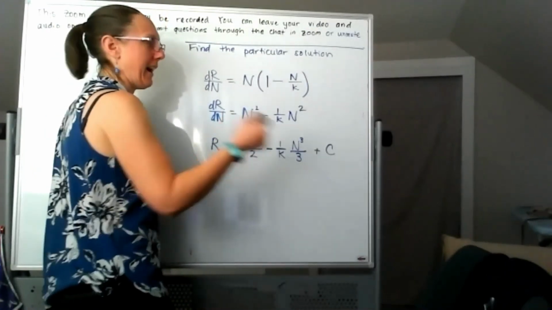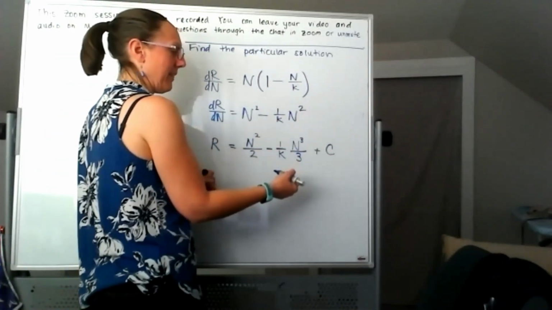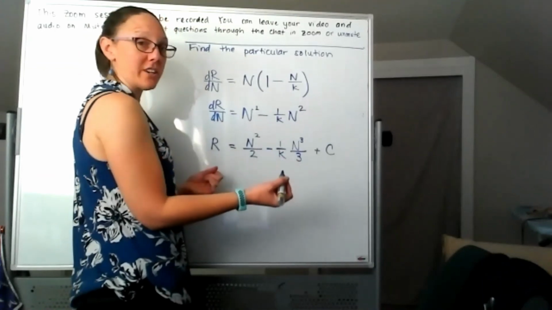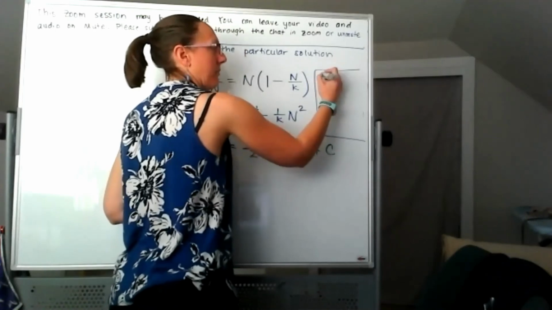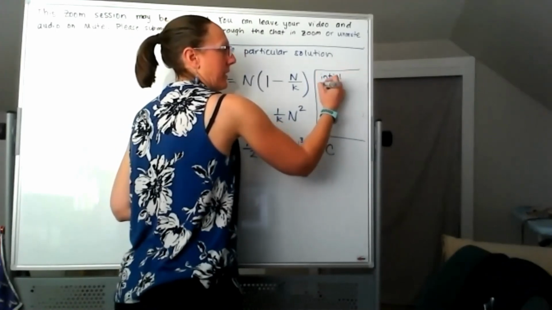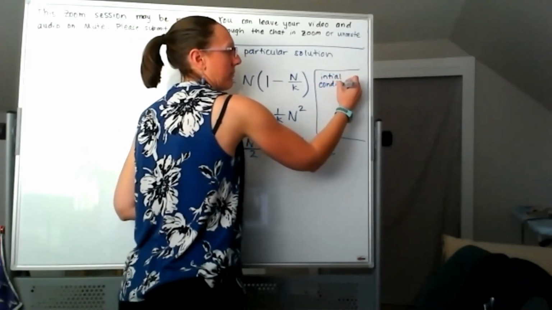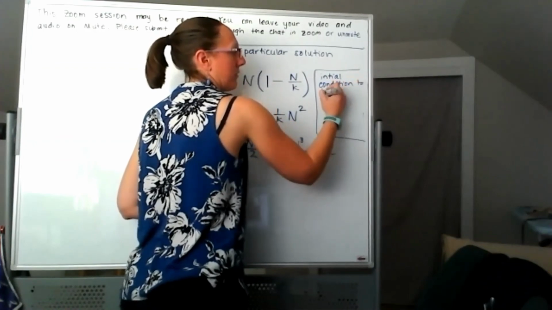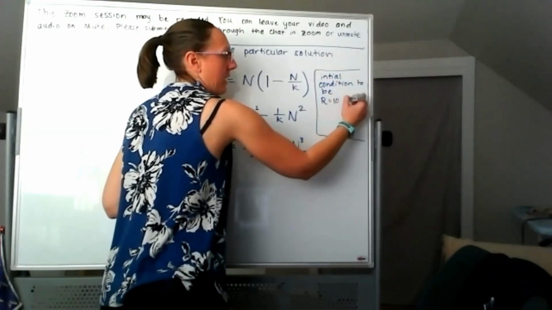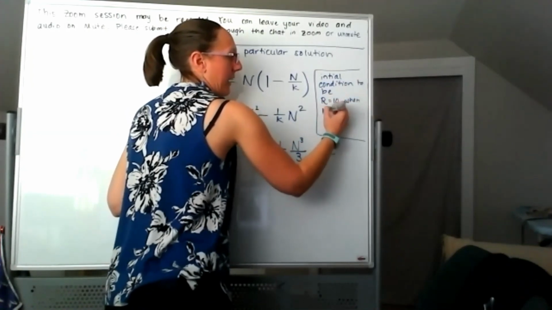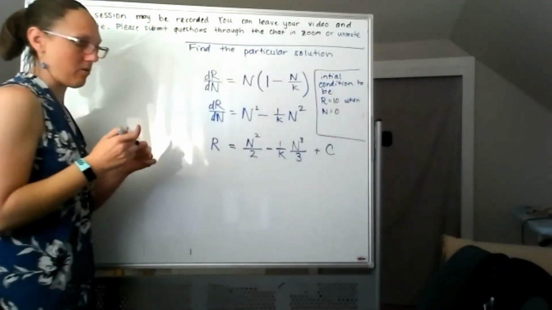Now, I just made this problem up and I realized that I probably want to fix this. So I want our initial condition, which is generally what's going to let us solve for C, to be that R is equal to 10 when N is equal to 0.